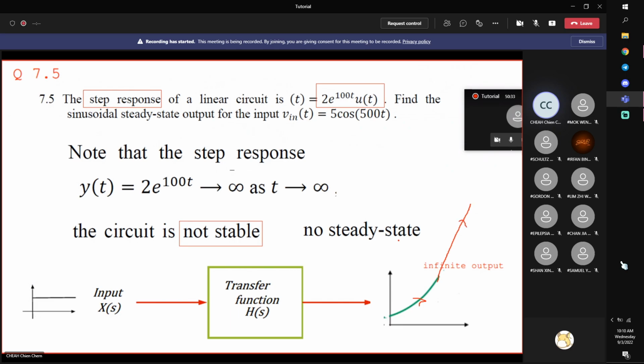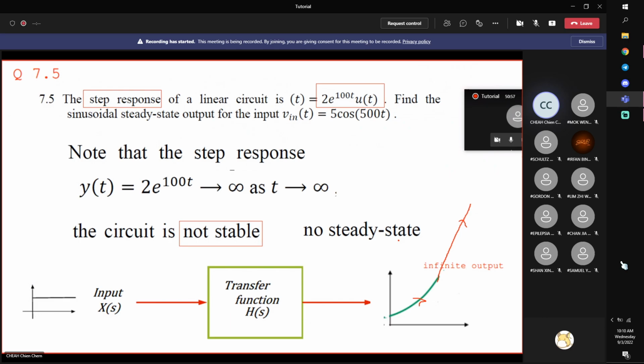Of course, in practical systems and circuits you will never reach infinity, but it means you will get a very high output. For example, your current could be so high that you burn the circuit, or the voltage too high, which should be avoided.